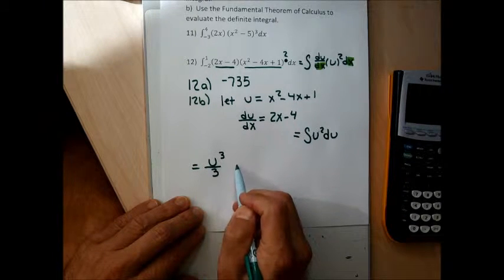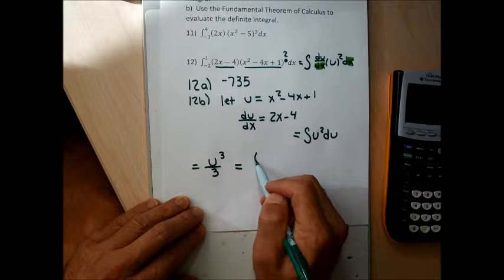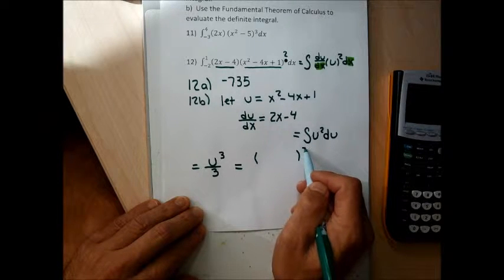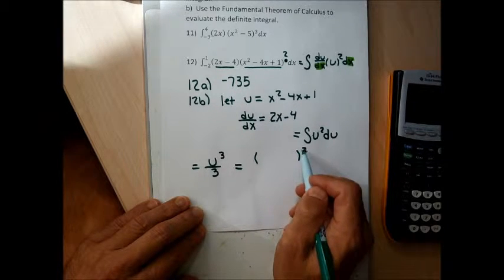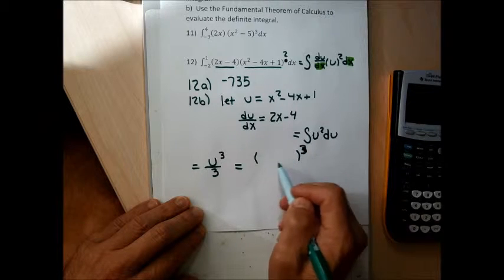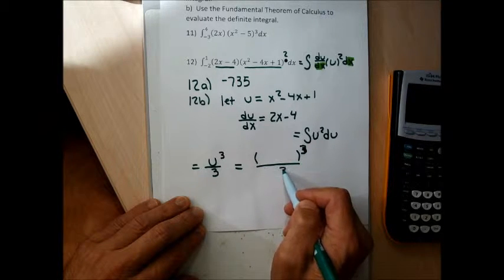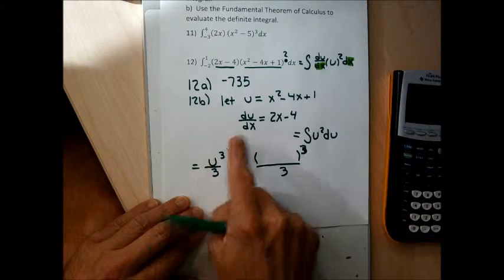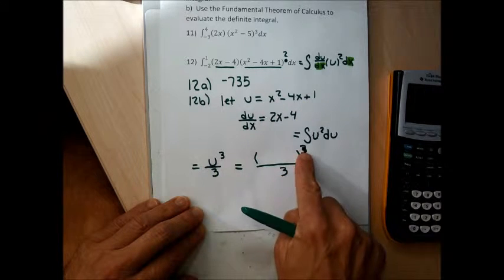So before I plug my numbers of negative 2 and 1 in, I need to change this u to x squared minus 4x plus 1. The exponent should be 3.